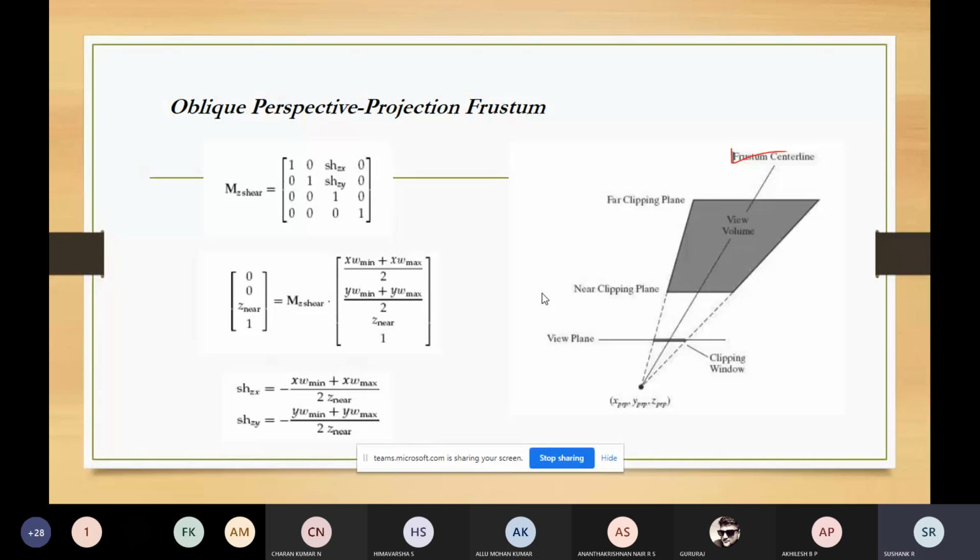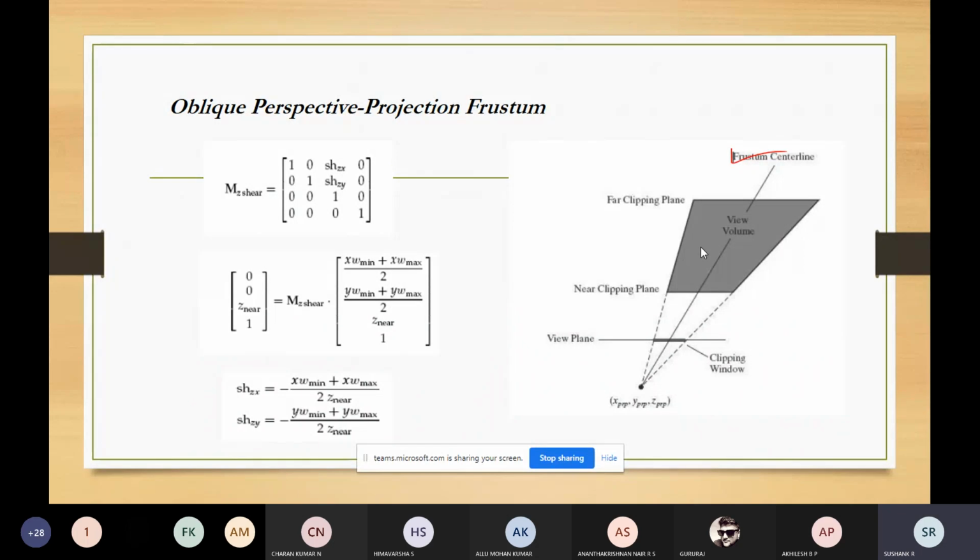This image is a general one. First we should transform this kind of frustum into a symmetric frustum, and then to the normalized view volume.